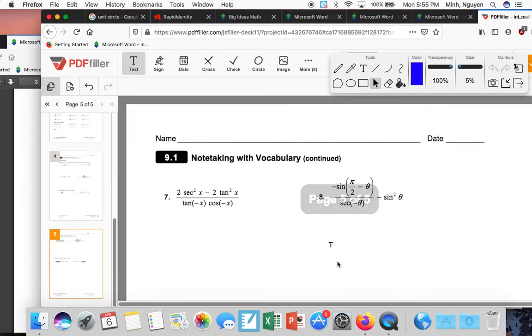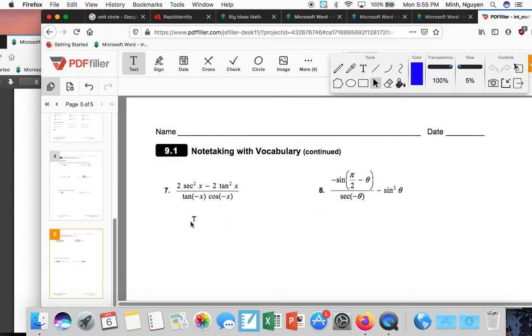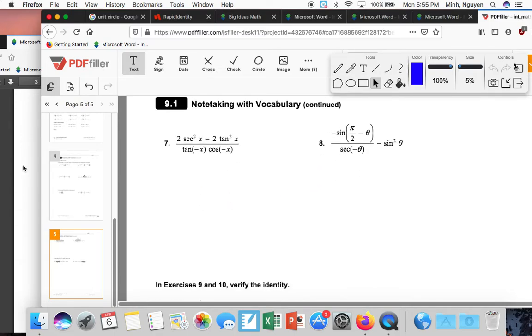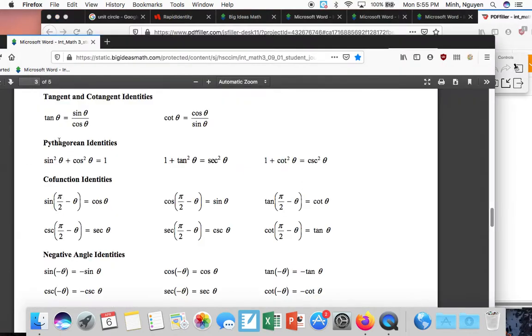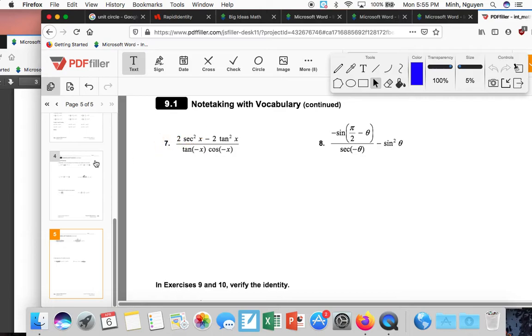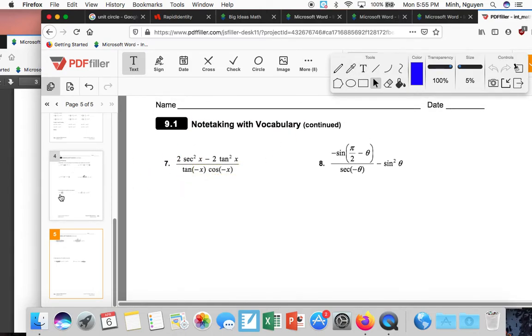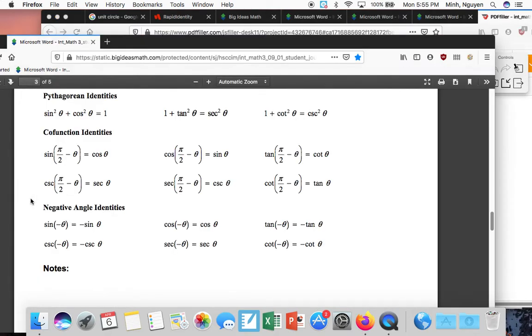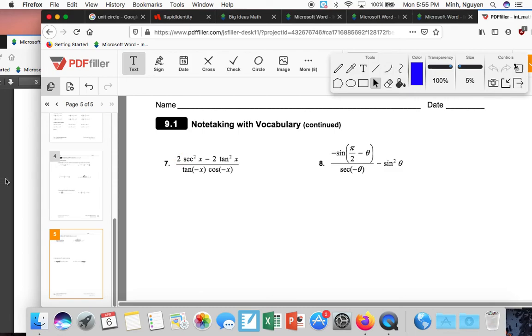Let's see. Oh, okay, so like how am I going to just do the mega simple ones and bail on these ones. Plus you have textbook problems anyways, so I'll work these out. We've got 2 secant squared x minus 2 tan squared x. Let's see if there's anything relating secant and tan.